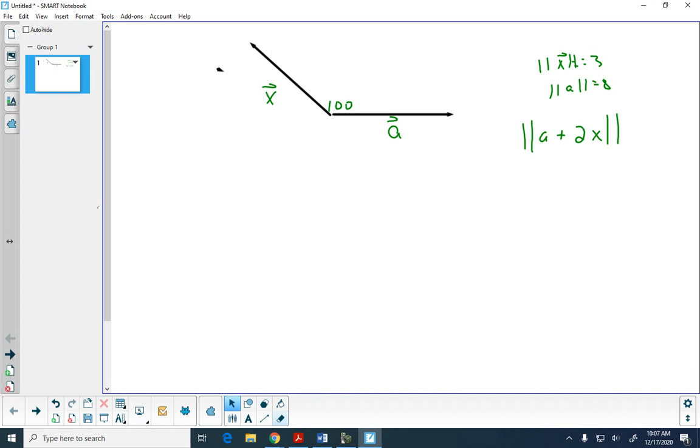Well, the first thing that we need to draw is what A plus 2x looks like. It's important that we get a picture down. Once again, as we've talked about time and time again, draw a picture, draw a picture, draw a picture. If it's not exactly perfect, that's fine in regards to the directions.